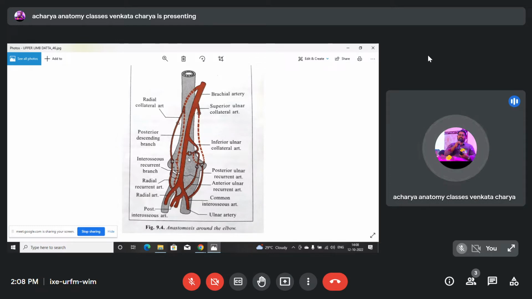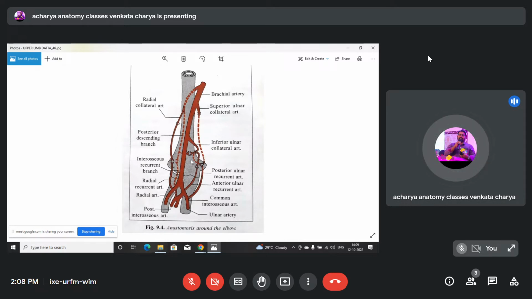What is meant by anastomosis? Mixed with each other. Two arteries separate, when one meets the other, that is anastomosis, arterial anastomosis, right? So transverse branch of the inferior ulnar collateral artery.